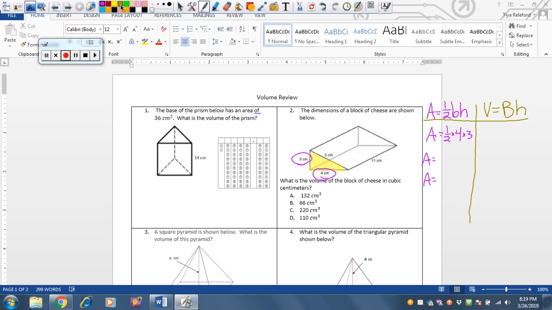Now this number goes in for capital B. And what number is H? Is it going to be 5 or 11? Remember, stand it on its base. This is the height.